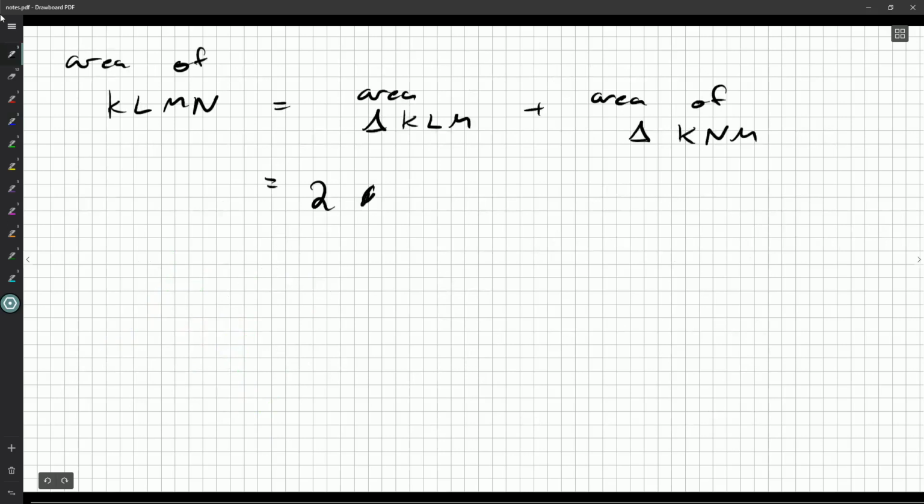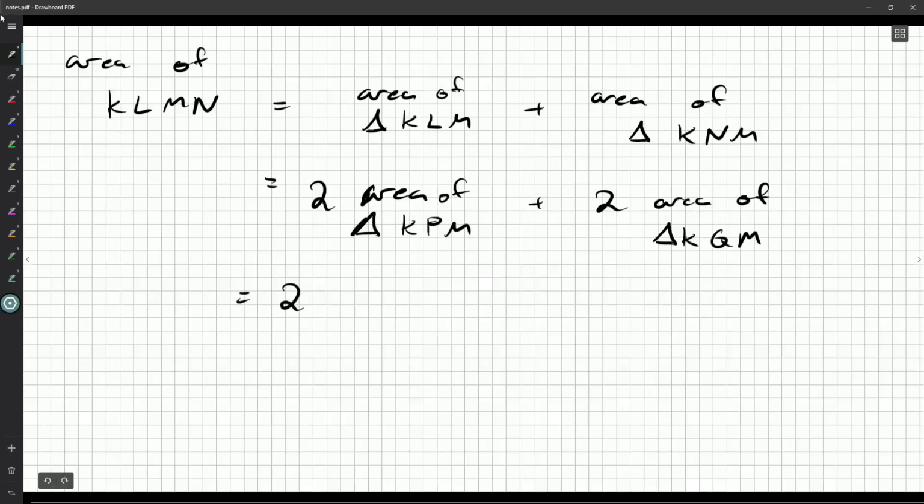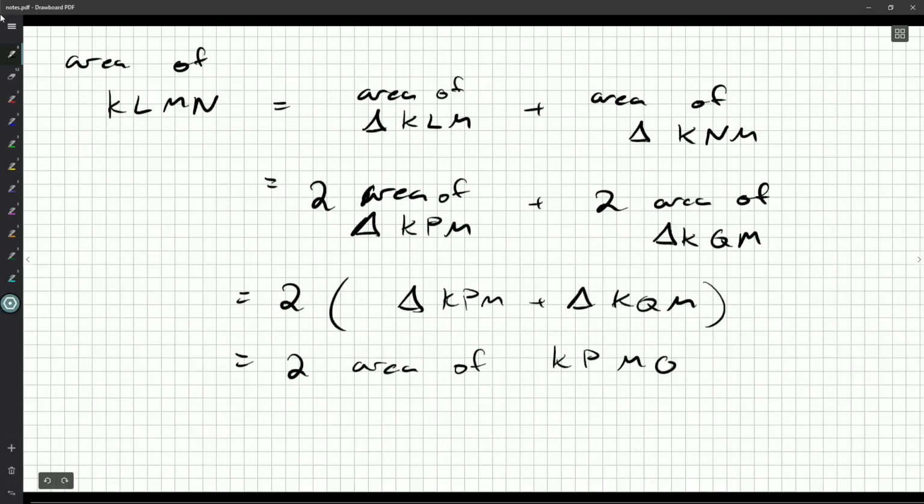So that's 2 times the area of triangle KPM plus 2 times the area of triangle KQM. So this is 2 times triangle KPM plus triangle KQM, but if I add those together, that's 2 times the area of KPMQ, the quadrilateral that I actually know the area of. So 2 times 63, so that'll be 126.